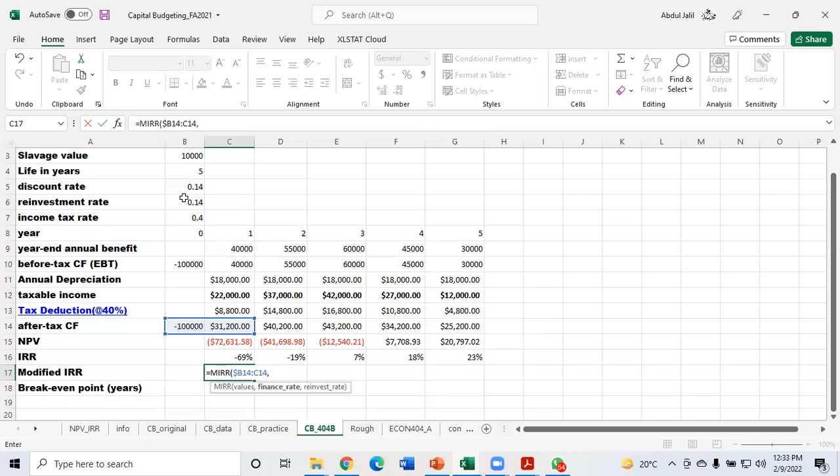Finance rate is what? Reinvestment rate. You have to take this discount rate as your finance rate, and then you have to go for the discount rate. Since in this case both are the same, there is no problem. But in many cases you will find a difference between the two. So we will also check, if both are different from each other, how they are going to have their impact or how it is going to be different. Clear?